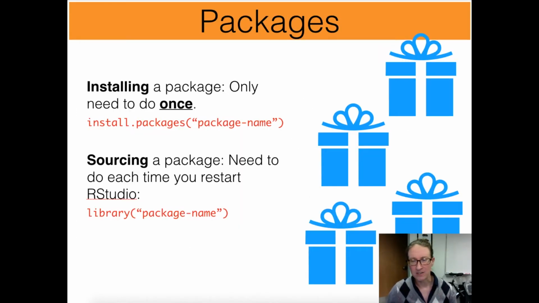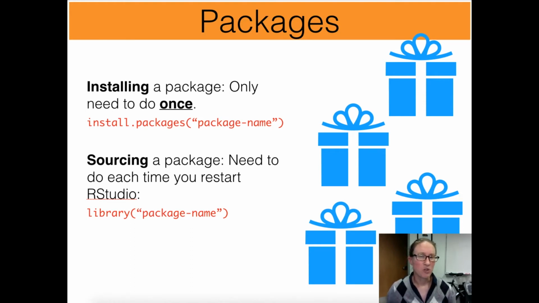So packages. I mentioned this in some of the previous videos, but I want to just reiterate here that when you need a package, you only need to install that package on your computer once. So you only need to run install.packages once if you're working with a new package.